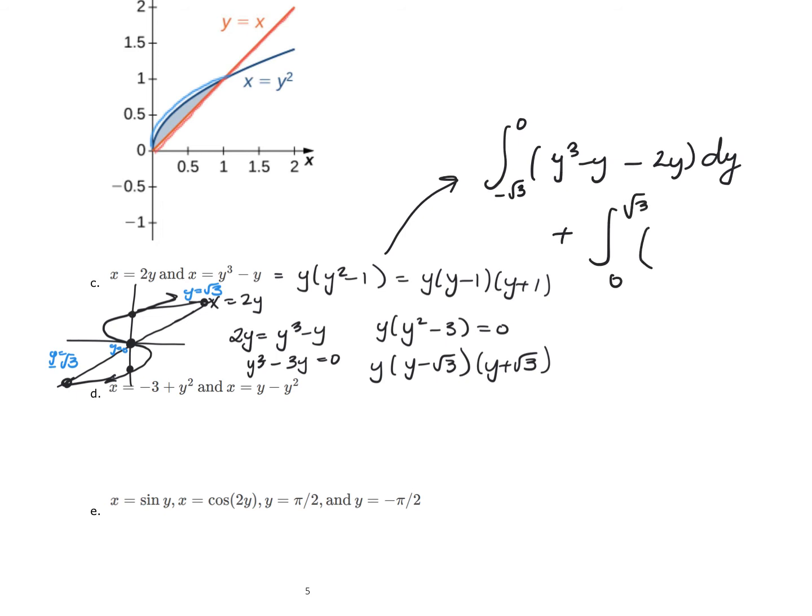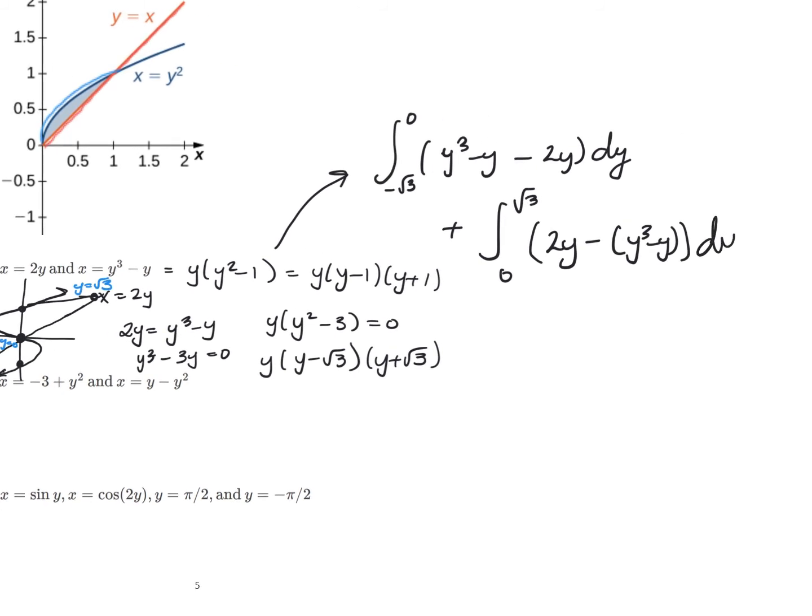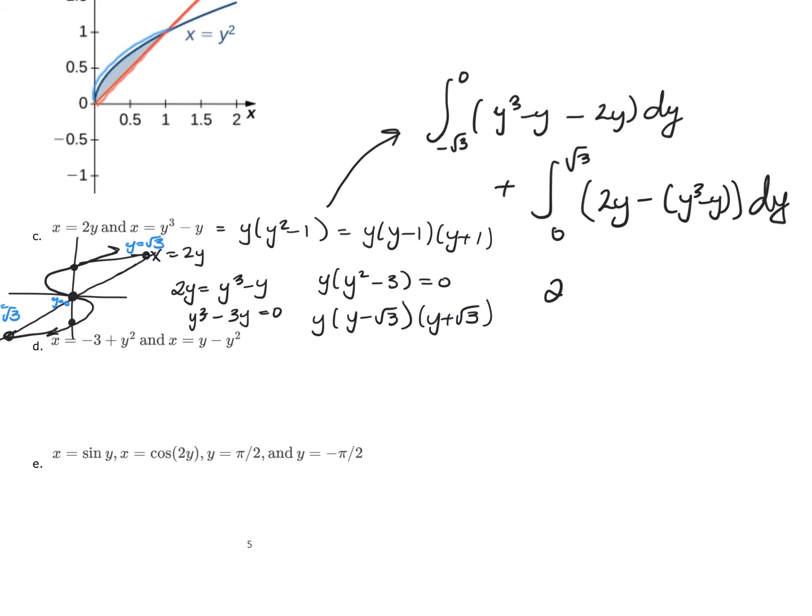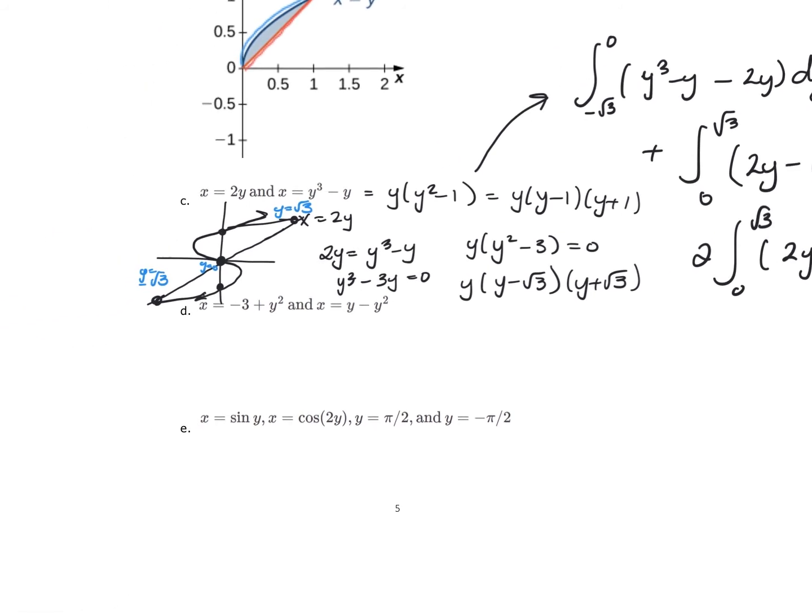My most right function now is 2y, and my most left function is y cubed minus y, dy. And of course, symmetry, so you could just do 2 times from 0 to the square root of 3. And the upper function in this is 2y. My lower function is y cubed minus y. Don't forget to put that in parentheses to distribute your negative through appropriately.